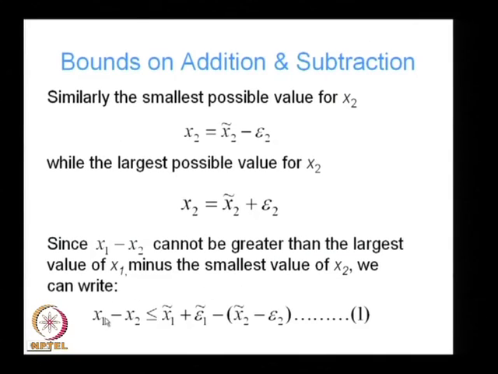We can write x1 minus x2 is bounded on the right, that is, it has an upper bound x1 tilde plus epsilon 1 minus x2 tilde minus epsilon 2. So, x1 tilde plus epsilon 1 minus x2 tilde minus epsilon 2.